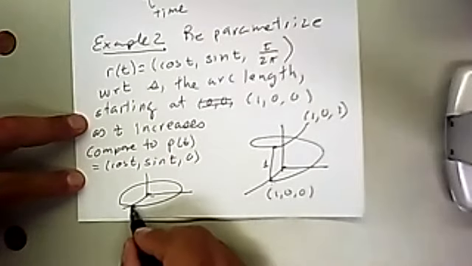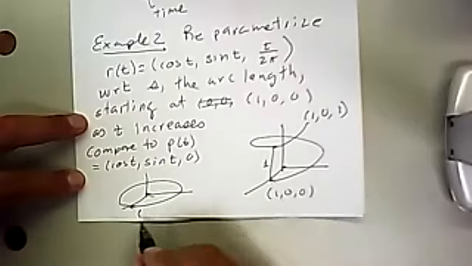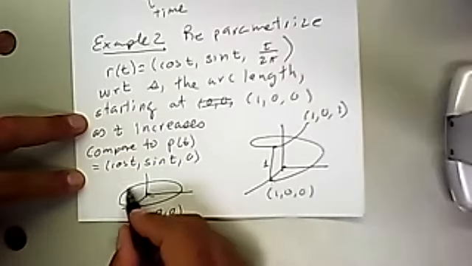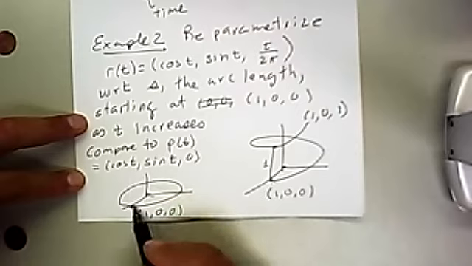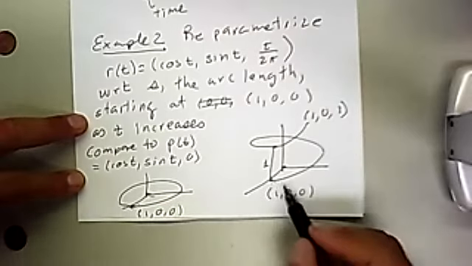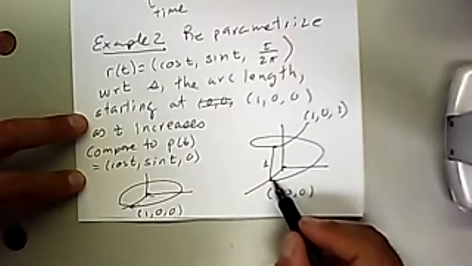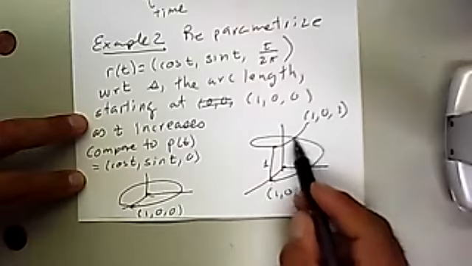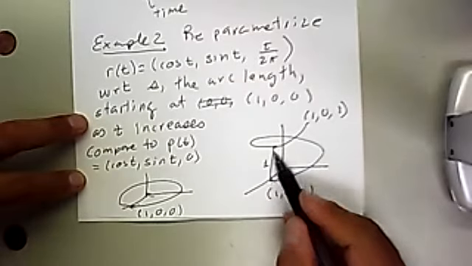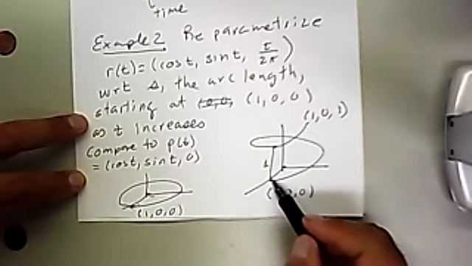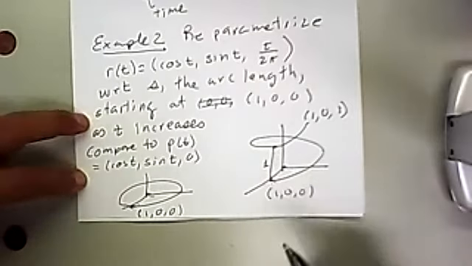So there you go. We start in the same spot, 1, 0, 0. But as t increases, we run around, and we end up in the same spot after 2 pi. When t is equal to 2 pi, we come back to the same spot. Here, when t is equal to 2 pi, we climb up, and we don't end up with the same spot. We end up with something that is lined up with the beginning, but 1 unit above.